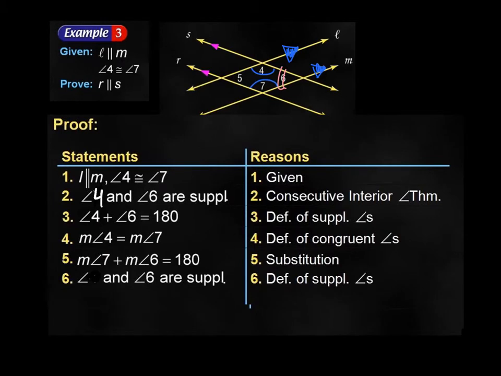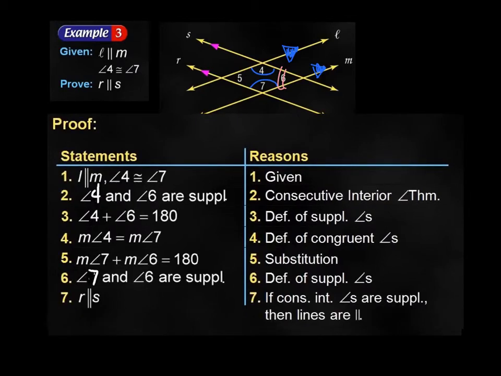So that means that angle 7 and angle 6 are supplementary because that's the definition of supplementary angles. They add up to 180. So now that we have angle 7 and angle 6 supplementary, we can conclude that line R is parallel to line S because if consecutive interior angles are supplementary, then the lines are parallel.